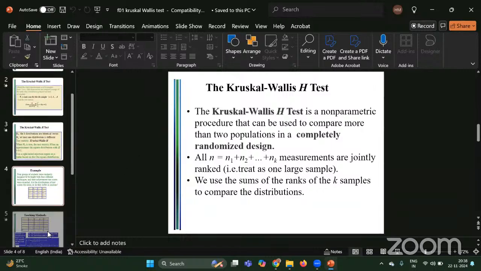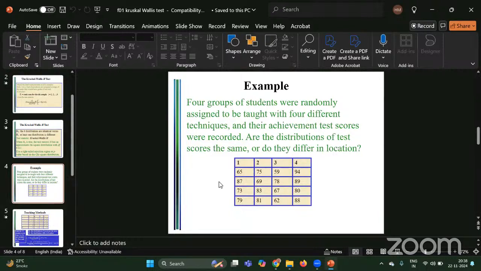And this is an example where you have four groups and you want to compare means of that. If it is more than 30 data, we should have used F test. But because the data is very small, the ANOVA F test we cannot use over here.